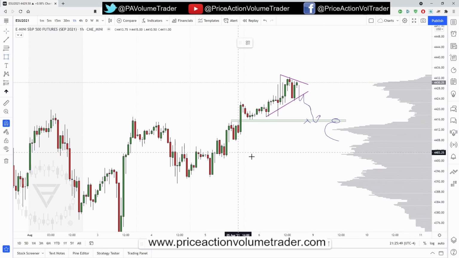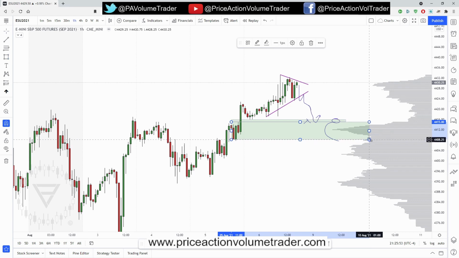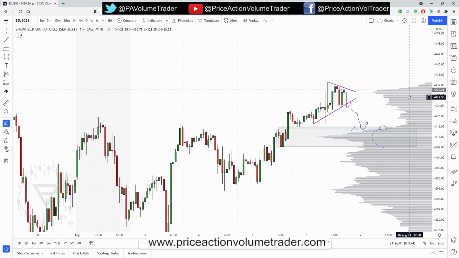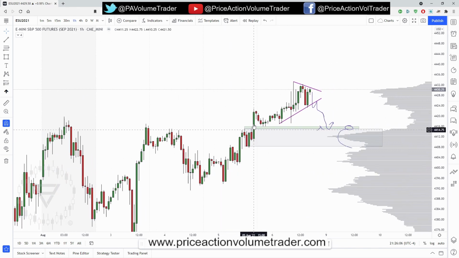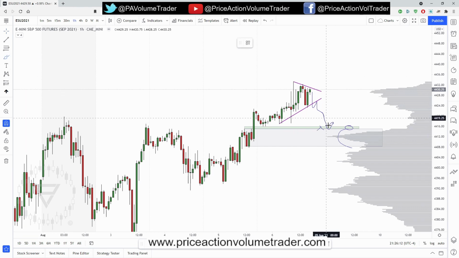And then I will mark the whole consolidation here as my area that I will look to enter, to come fill the gap and then look to continue bullish market structure.